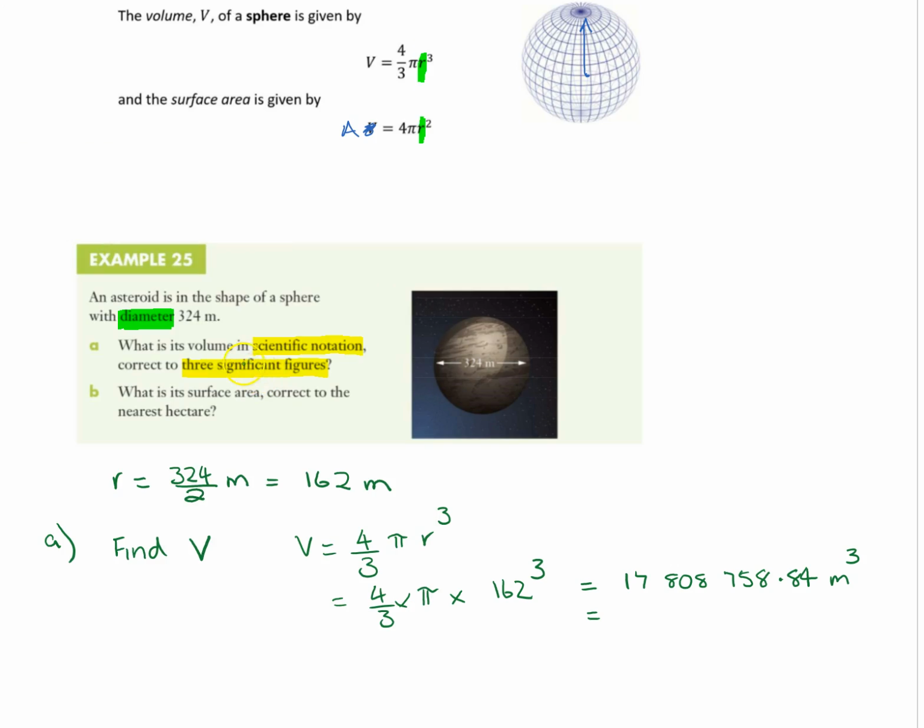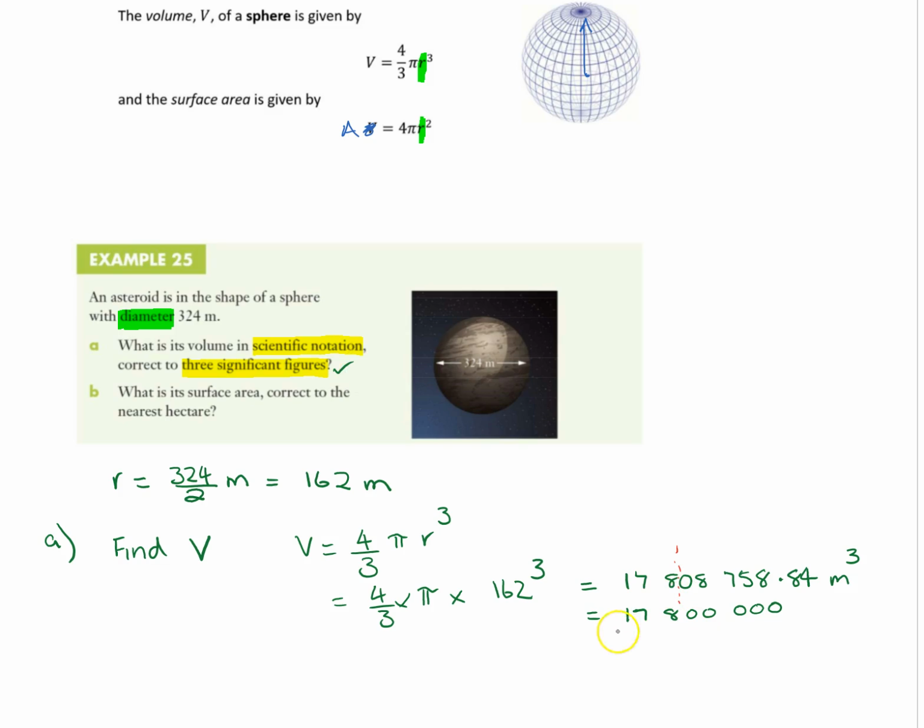So I'm going to first write it correct to 3 significant figures. 3 significant figures means I will cut it off here and replace the rest of the positions with zeros. I'm cutting off a 0, so it's not going to impact on the 8. And then all these other positions down to the decimal point I fill with zeros. So that's correct to 3 sig figs.